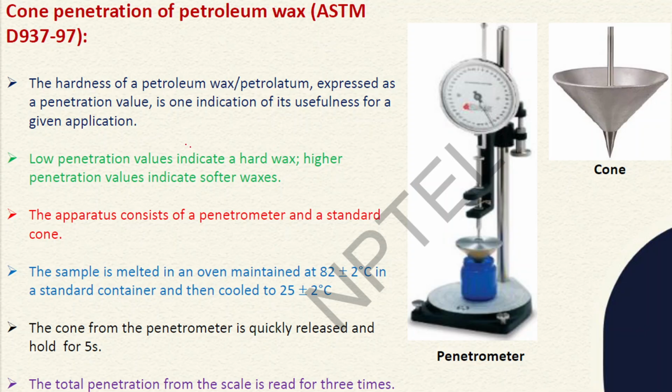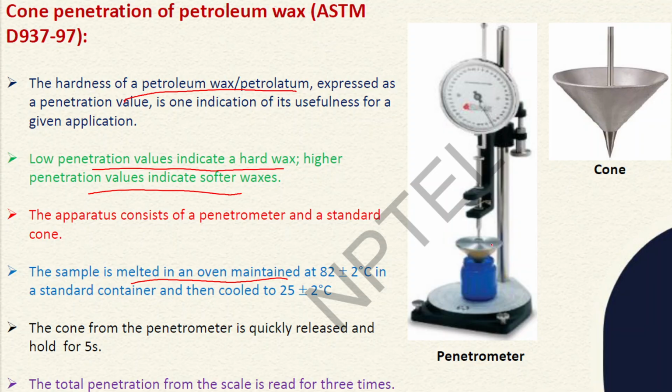Cone penetration test of petroleum wax. The hardness of the petroleum wax is expressed using this cone penetration method. A low penetration value indicates a hard wax, and a higher penetration value indicates softer wax. The sample is melted in an oven at 82 plus or minus 2 degrees C in a standard container.